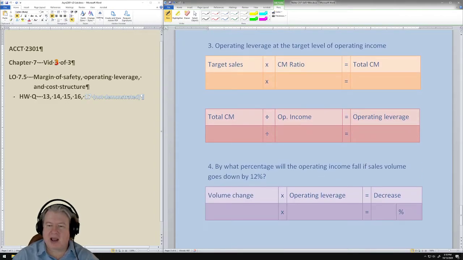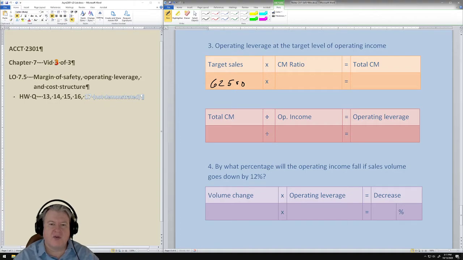So now we come back and we're going to add in the operating leverage part of it. Remember, we get to the operating leverage by taking the total contribution margin divided by the operating income. Except we don't have the total contribution margin here yet. So what we do is we have the total sales and we have the contribution margin ratio.